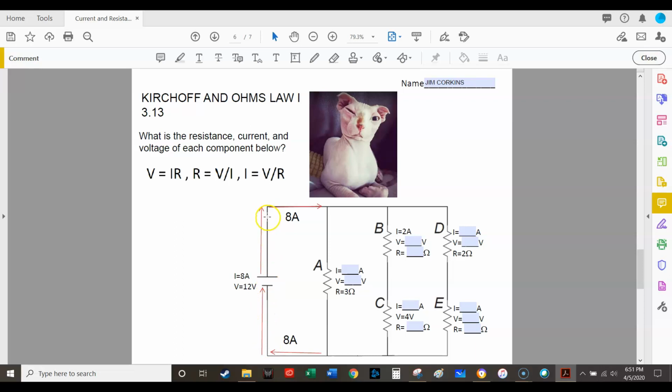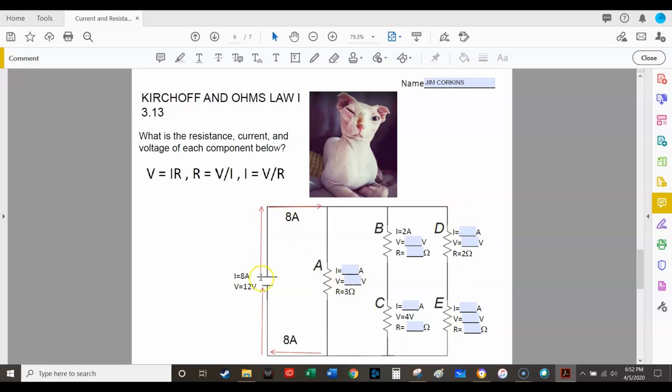That means anything that is in parallel with it, any branches that are in parallel with the battery, have to also be 12 volts. That means this branch A is 12 volts, the BC branch is 12 volts, and the DE branch is 12 volts. Well, let's start off with A.